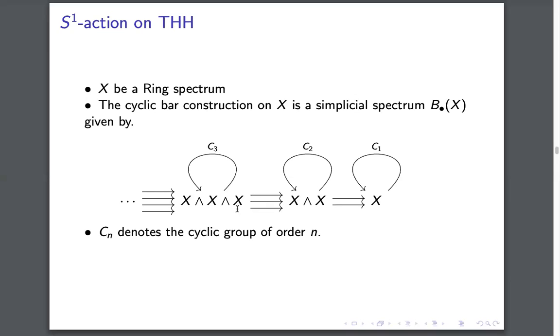All these C_n actions assemble together to give us an S^1 action on THH. So there is a circle action on THH, and this is where the word cyclic in topological cyclic homology comes from, because the definition makes use of this cyclic action.